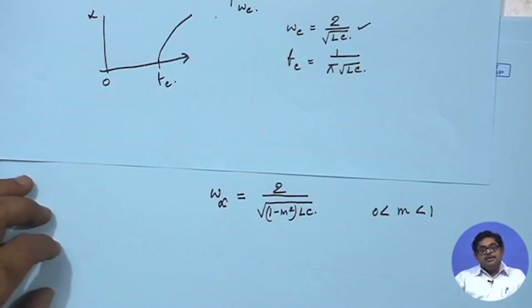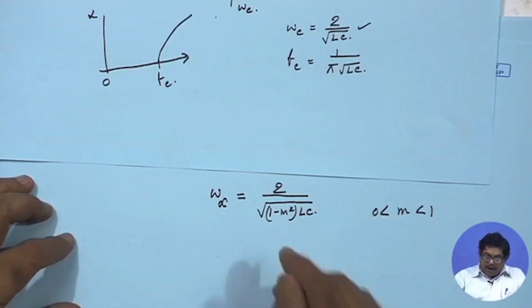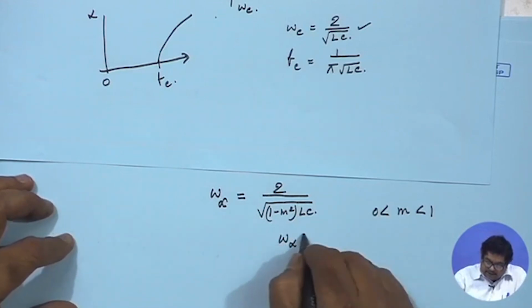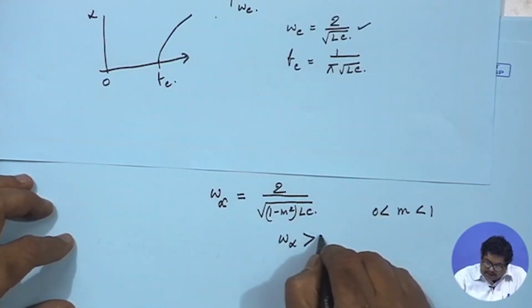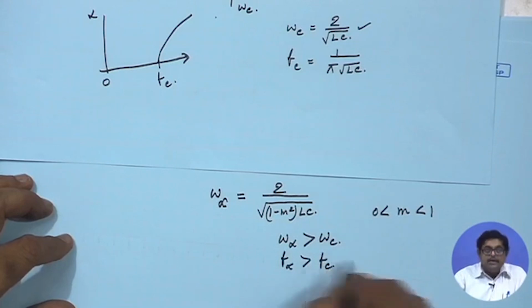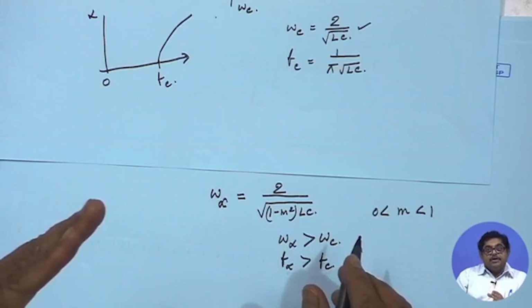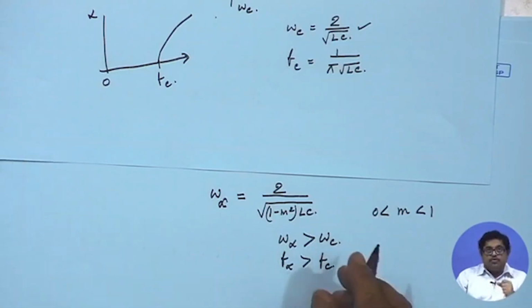It is in my hand, the designer's hand. If I keep it like this, then omega infinity is greater than omega c, or f infinity is greater than f c. That means f infinity is in the stop band 2.